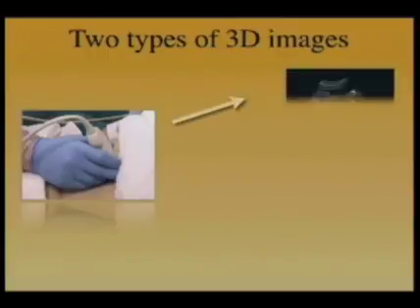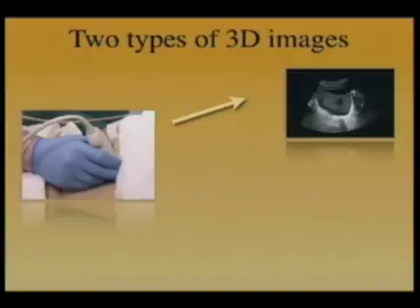The first, which is probably more familiar to people, is the traditional volumetric image that you see on the top. This is an image of a bladder, and I'll be showing more examples of this later on in the talk. But this is, on a two-dimensional screen, a 3D representation of what the bladder would look like.